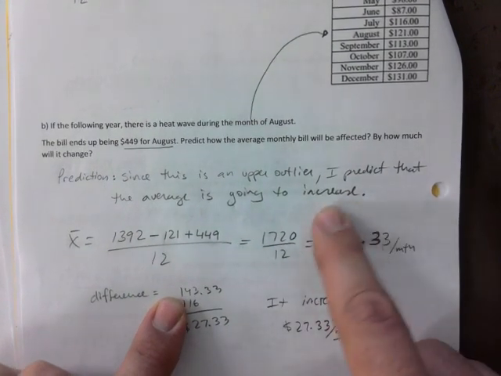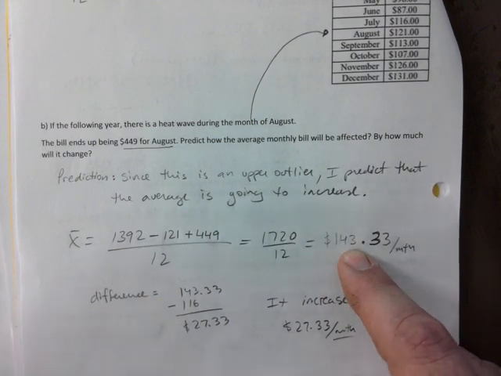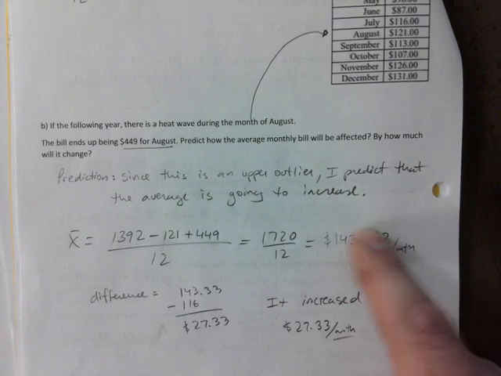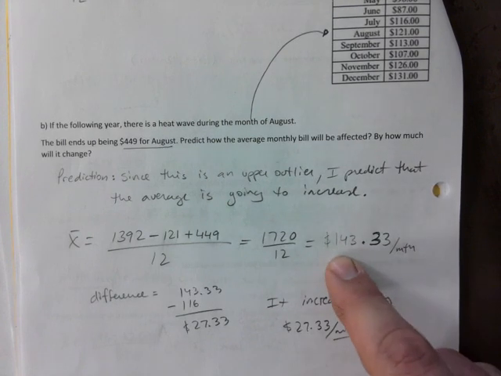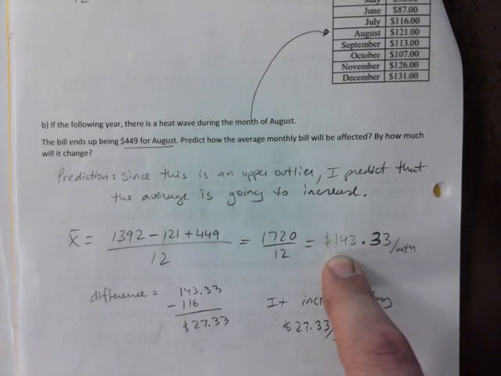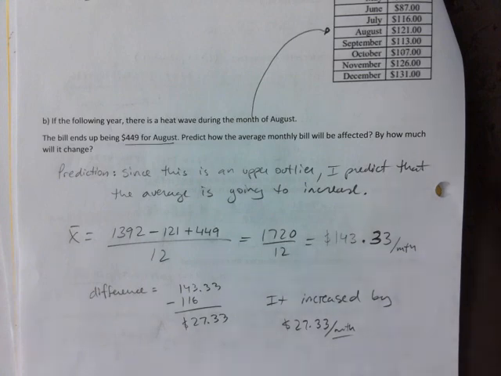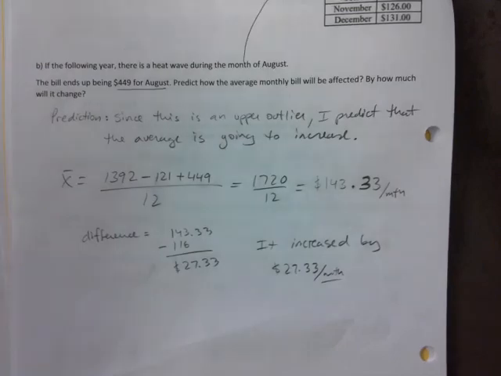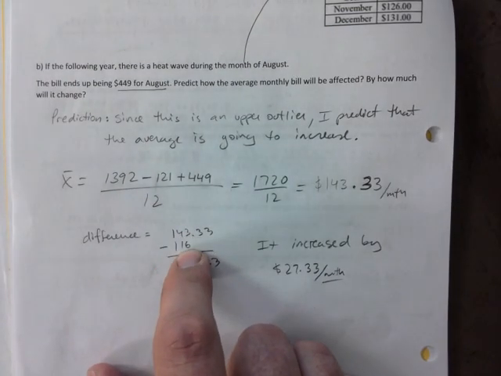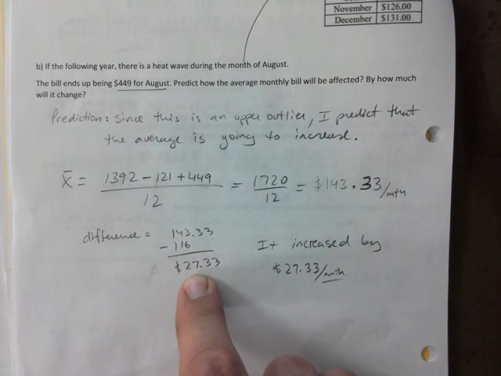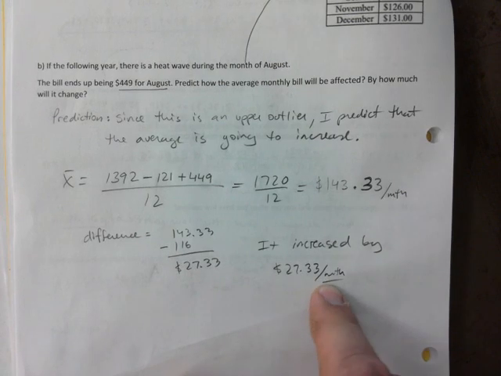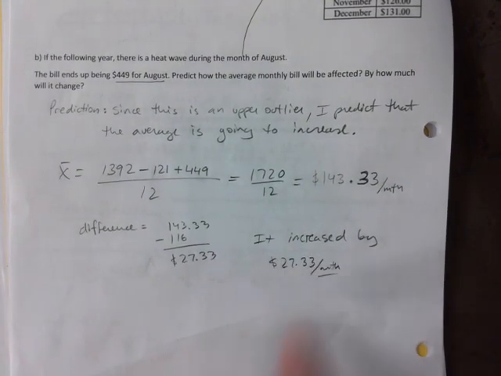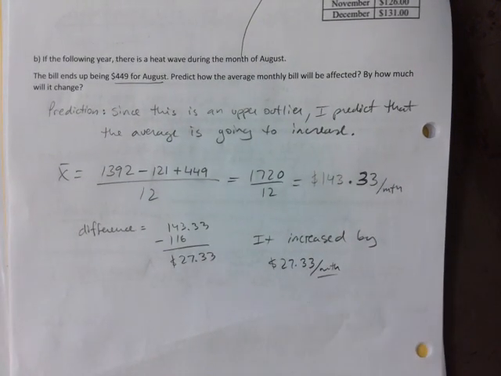So Hydro would technically say, hey, last year you used more, so now your new monthly bill will be 143.33 to make sure you have enough paid in so that you don't end up owing us. And then I just do a simple calculation here. I go my new average minus the old. So there's a $27.33 per month increase in that case.